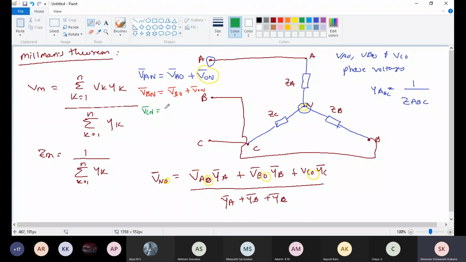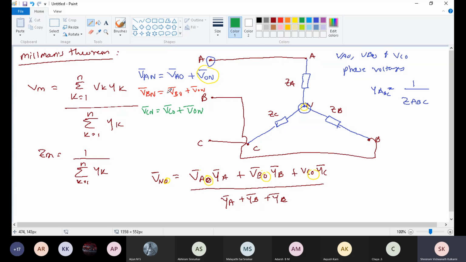As already told, if the wire is not connected to the supply neutral, I need to include VON. From these equations I can write the equations for the current flowing through all these phases.